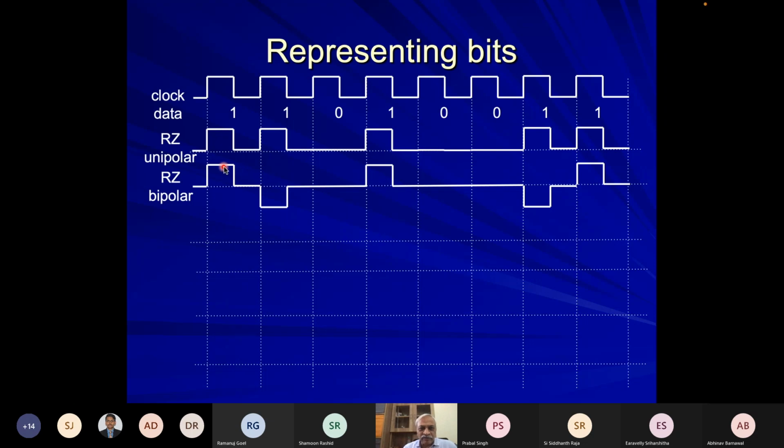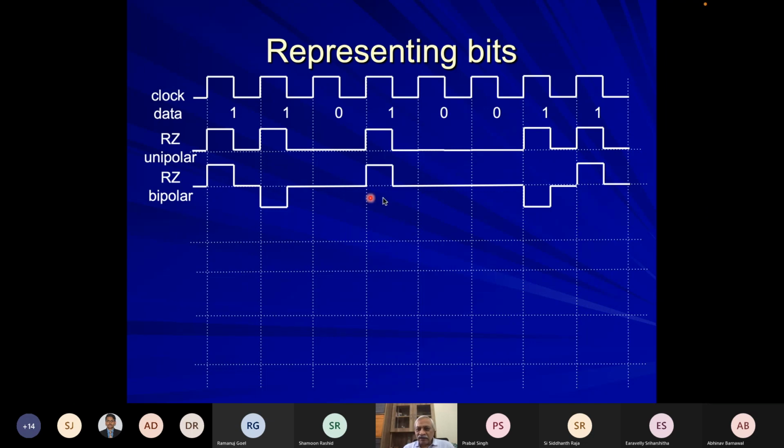This is RZ bipolar. That means the signal could be positive or negative, and RZ means the normal condition is 0. The difference you are seeing here is that every time you have a 1, you are giving a pulse of different polarity. So you have a positive pulse, then for the next one you have a negative pulse. Here there was a single one, so just a positive pulse. Again, you have a stream of 1s. The last one was positive, so this becomes negative, and so on.